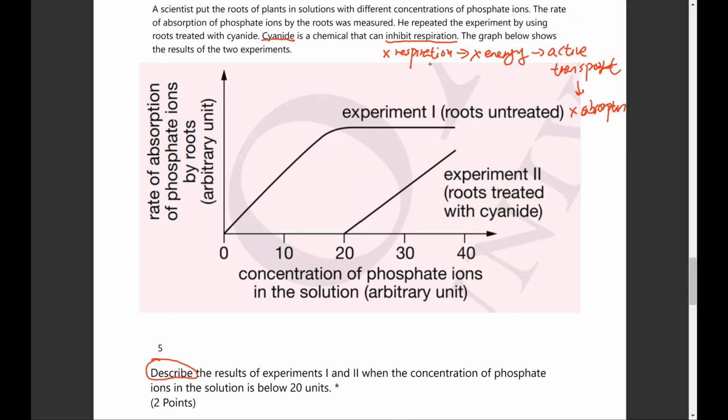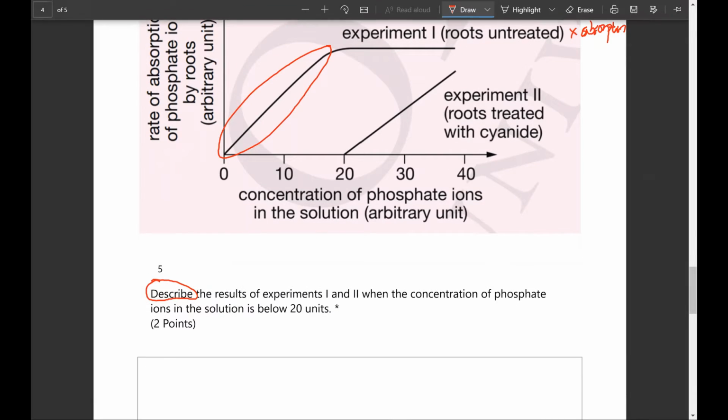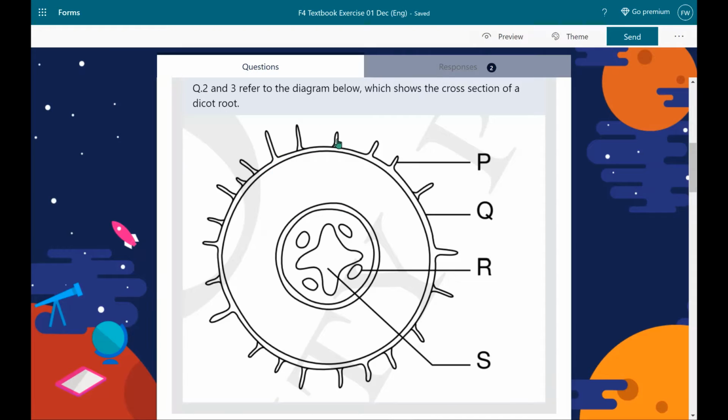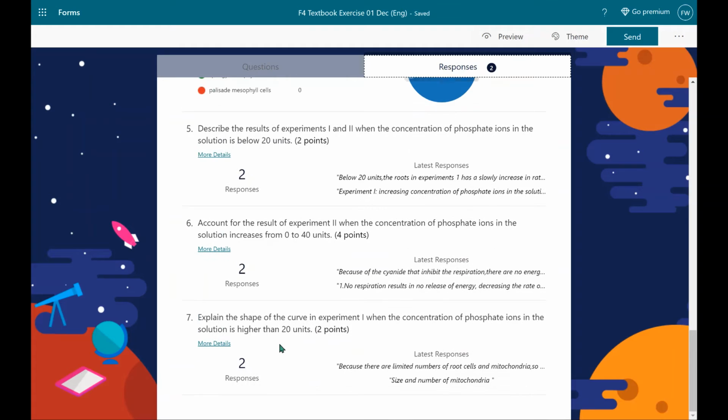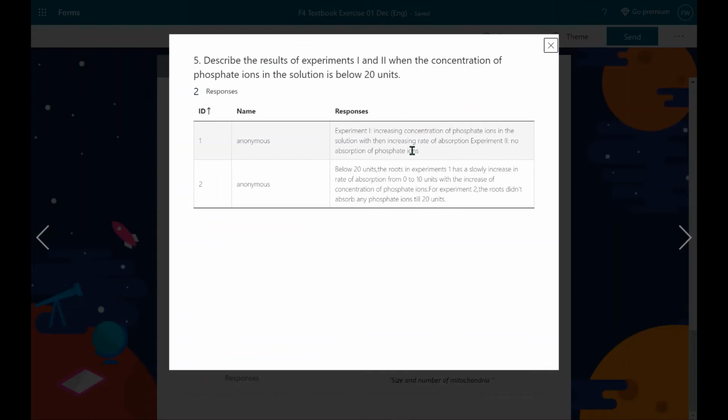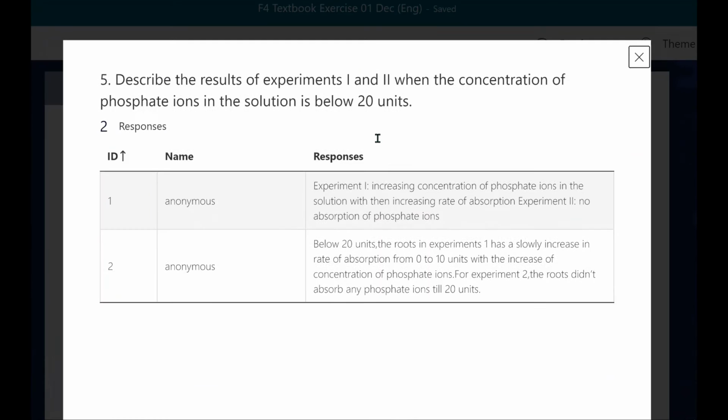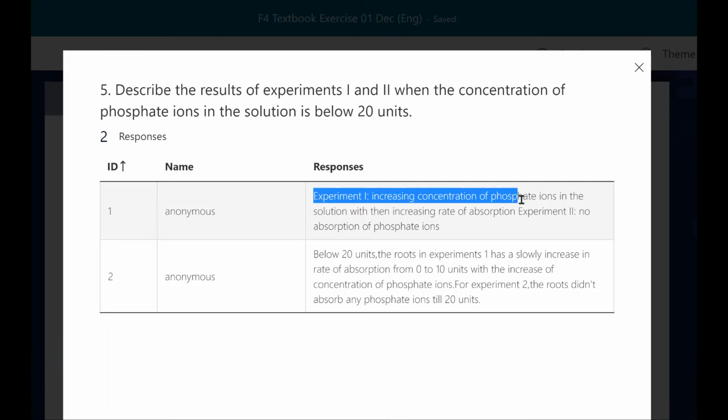For experiment 1, you describe this part. I remember both responses did pretty good. Right, experiment 1: increasing concentration of phosphate ions in the solution comes with an increasing rate of absorption. So the higher the concentration of phosphate ions, the higher the absorption rate.